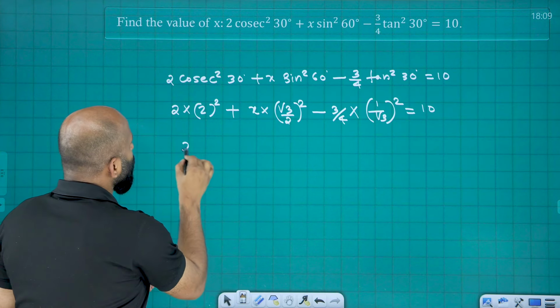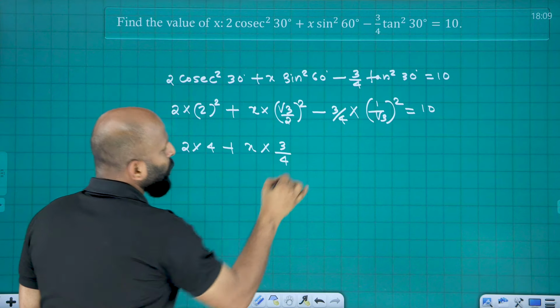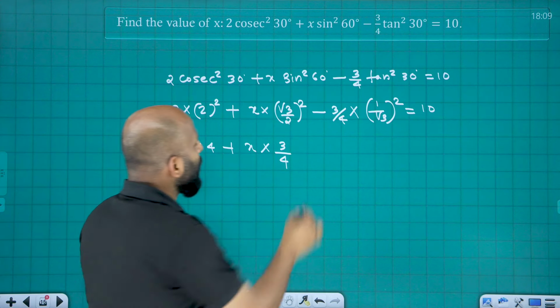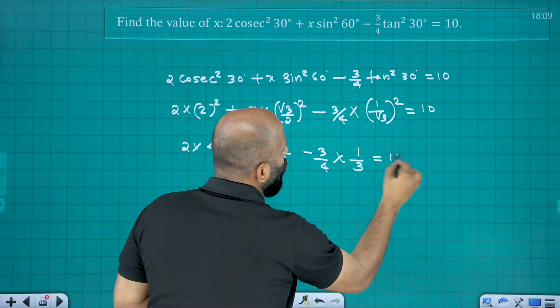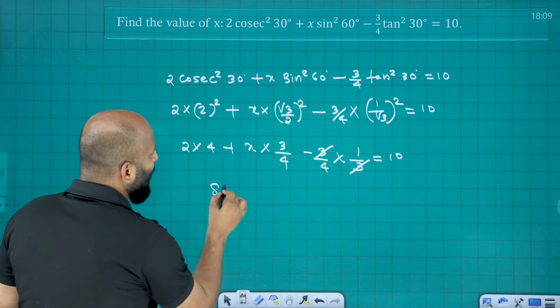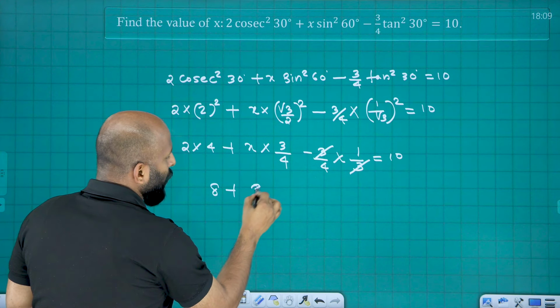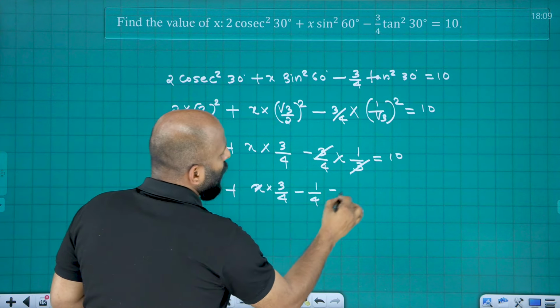Now 2 into 4 plus x into 3 by 4, then minus 3 by 4 into 1 by 3 is equal to 10. So 3 and 3 get cancelled. Now 2 into 4 is 8 plus 3x by 4 minus 1 by 4 is equal to 10.